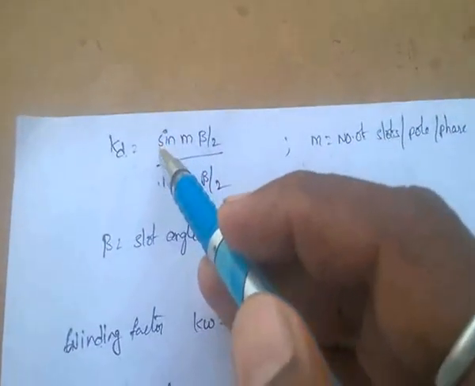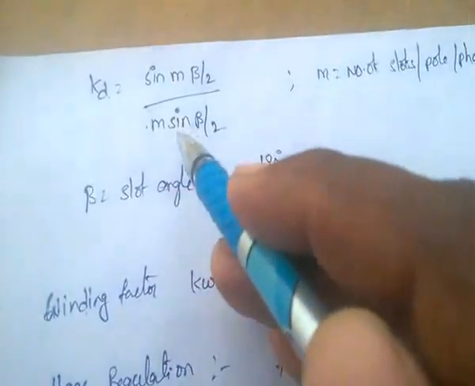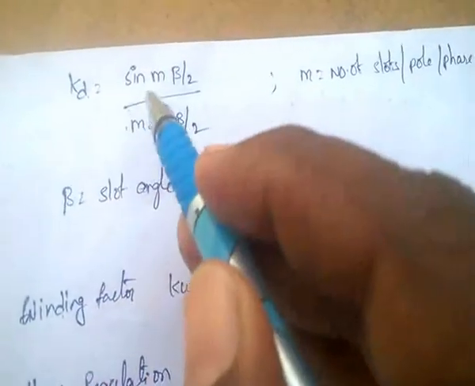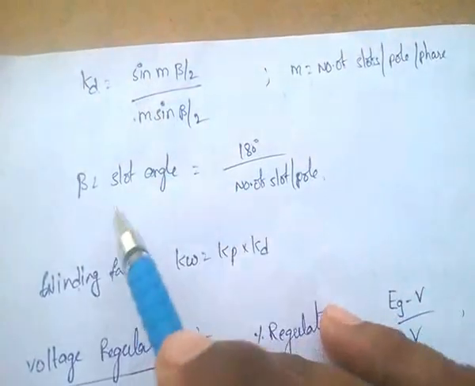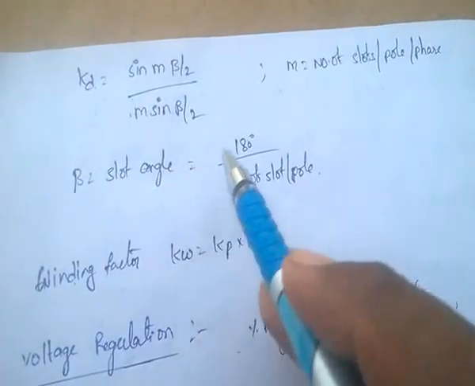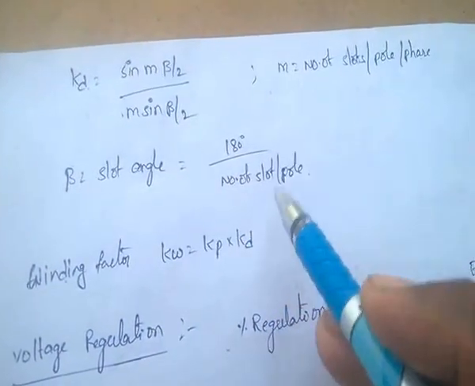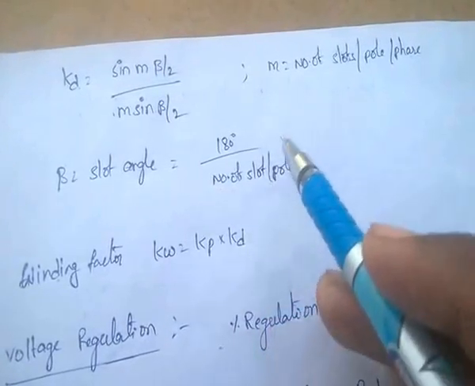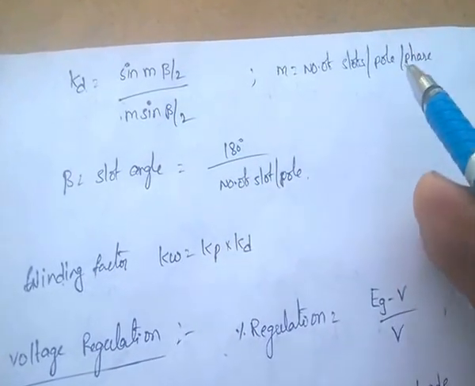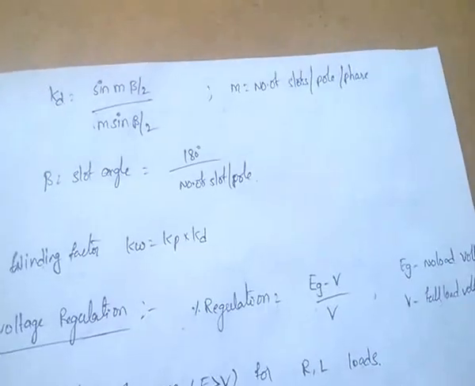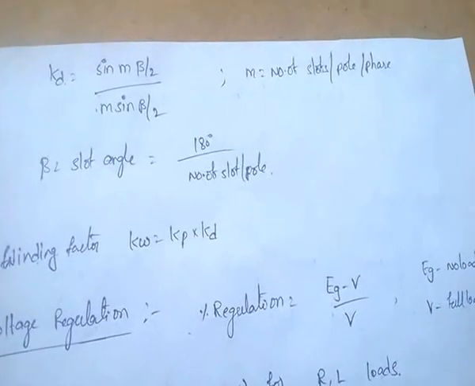And Kd equals sin(m beta by 2) by m sin(beta by 2). Here beta is the slot angle, beta equals 180 degrees by number of slots per pole, and m is the number of slots per pole per phase.